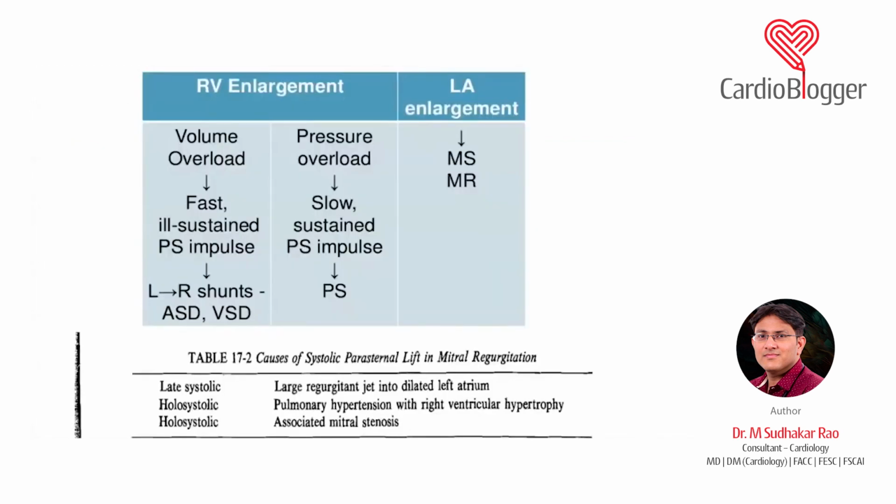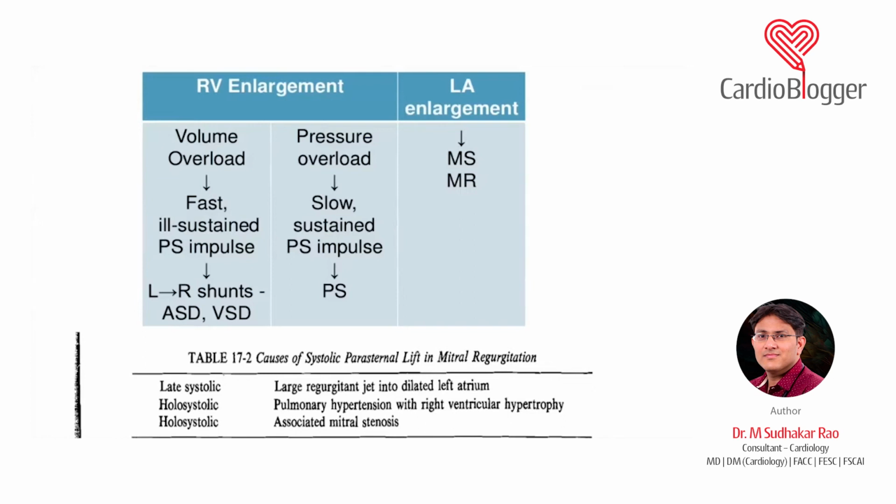As I already told you, there are pressure overload conditions, like patients with severe PAH of various causes, and mainly severe pulmonary stenosis, which cause it. However, it can also be seen in volume overload conditions like left to right shunts, in patients with ASD and VSD. Now, how do you differentiate it?